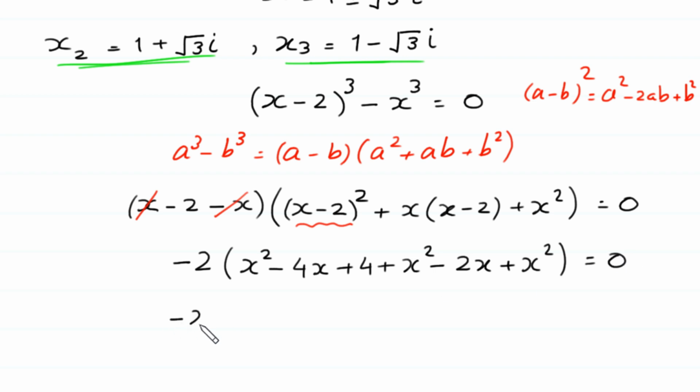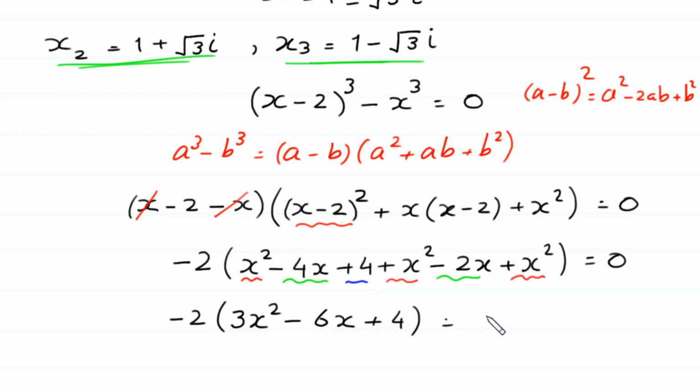Next, -2 times 1x squared plus 1x squared plus 1x squared is 3x squared, and -4x minus 2x is minus 6x, and in the last plus 4 is equal to 0.